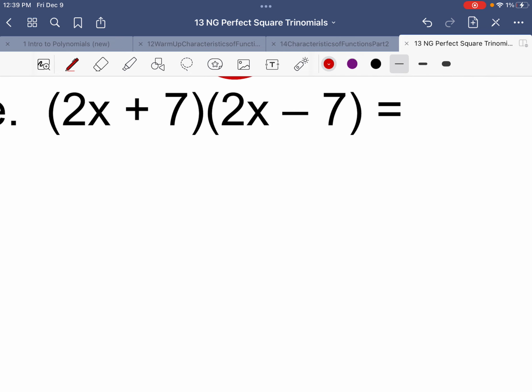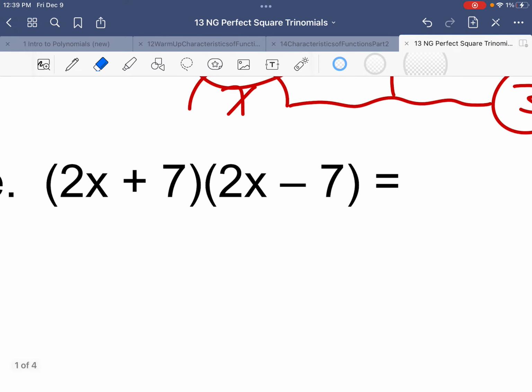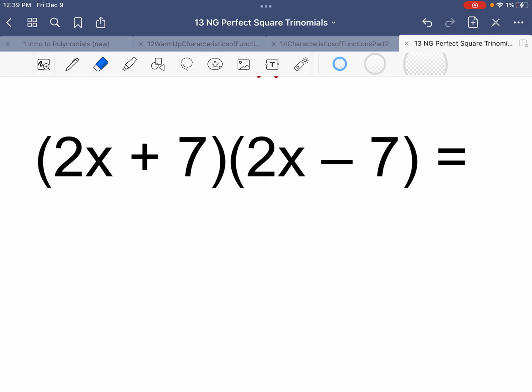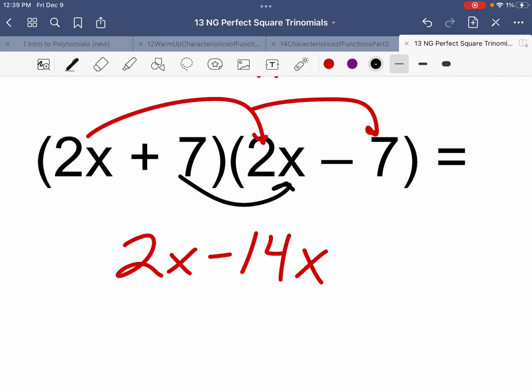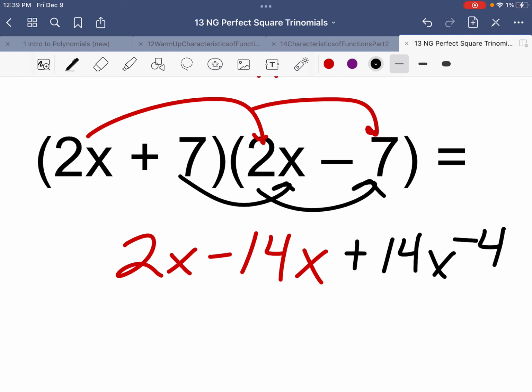Kind of nice to just do all these problems. Do you notice that this is different? Do you notice that this is 2x plus 7 times 2x minus 7? Yeah, there's a plus and a minus. Now, when you have a plus and a minus, then one of your terms ends up being the opposite.